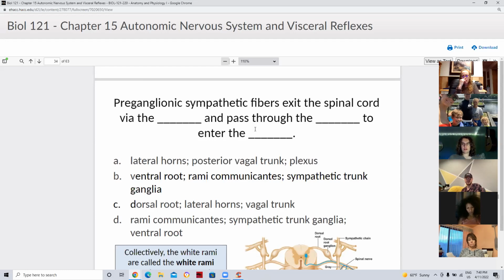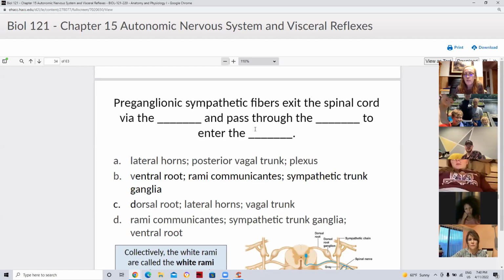Is it C? It's not, because the dorsal root is sensory and these are going to be motor. Is it B? It's B.